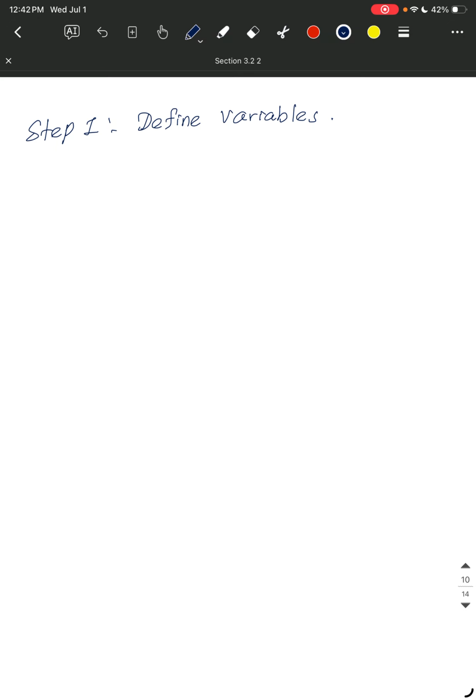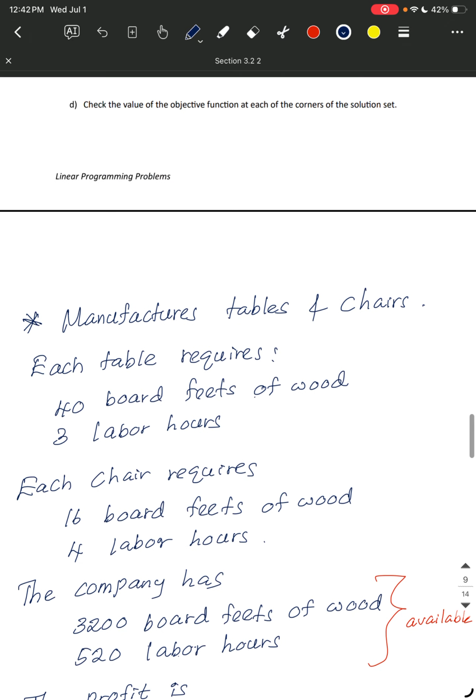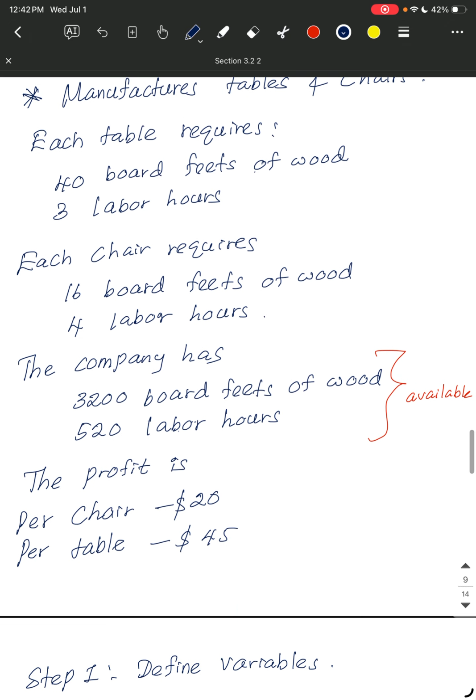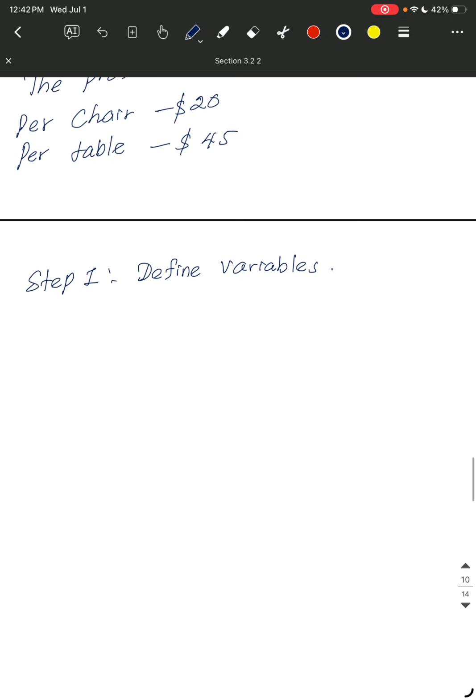We have 2 products, tables and chairs, but we don't know how many tables, how many chairs. Therefore, the variables should be X, number of tables, Y, number of chairs. So let X be the number of tables, Y be the number of chairs.